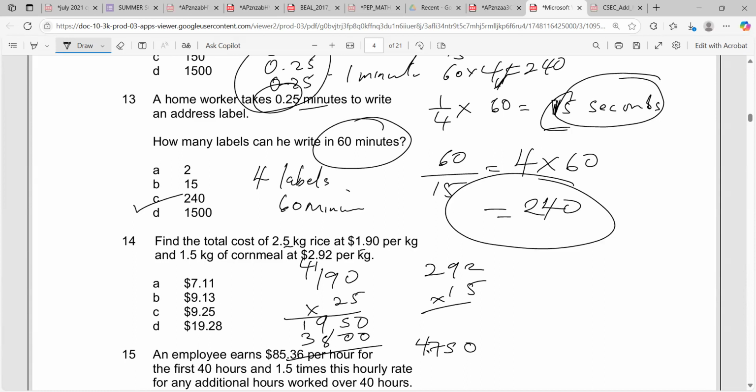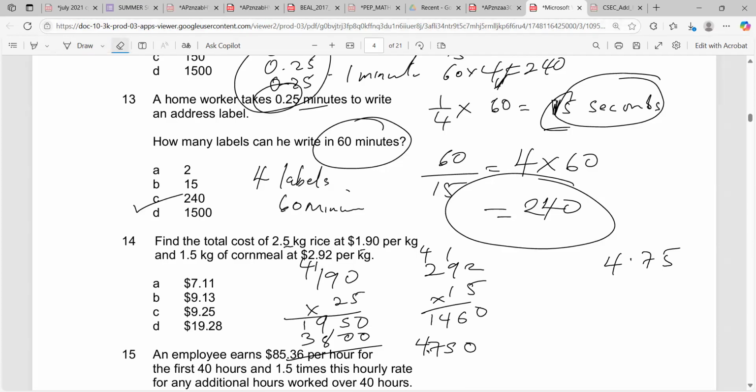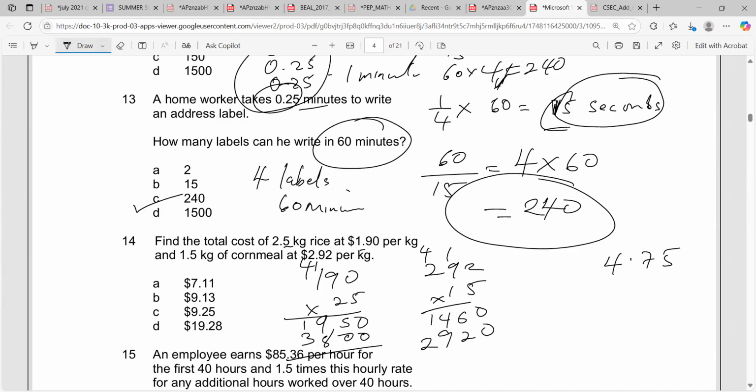Next one now, we have 292 times 15. 5 times 2 is 10, 0 carry 1, 5 times 9, 45 and 1, 46. 5 times 2 is 10, plus that, 14. Put a 0 for the space. 1 times 2 is 2, 1 times 9 is 9, 1 times 2 is 2.